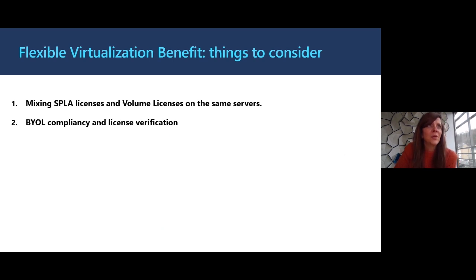Then a point around bring your own licensing, compliancy, and license verification. If a customer is coming to you and wants to use his volume licensing or CSP licenses, for the moment there's no verification obligation. There's no reporting obligation, but the advice is to start verifying it anyway, so that in case of an audit, you can prove that the customer has the correct licenses.